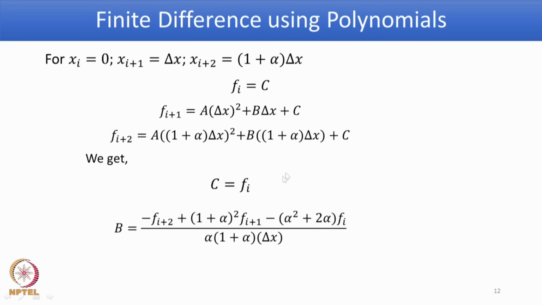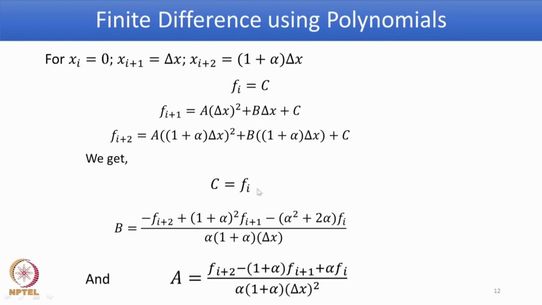We are interested in finding the coefficient values of a and b, and c is substituted as f of i. Now, between these two equations we can solve and get a and b, and you get the expression for b as shown here and the expression for a as shown here.